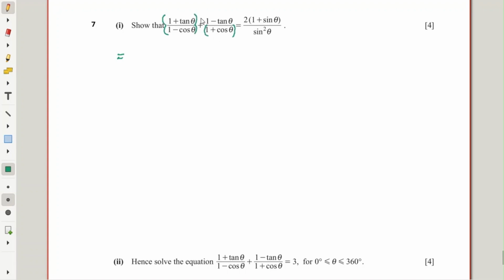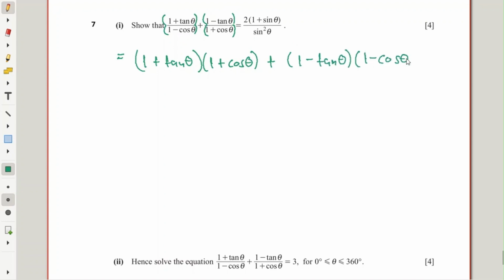This one is also an expression. I'll cross multiply, and that should give me. Normally, I break it down to sine and cos, but in this case, I feel like it would be easier to just do it like this. If you break it down to sine and cos, you can do it, but I think it will be more complicated.